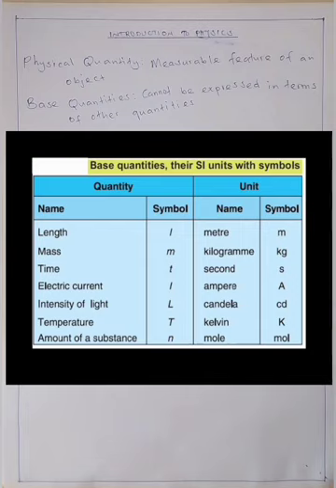When writing the names we use small letters, but when we write the symbols, we use capital letters A and K for electric current and temperature respectively. We need to know that.